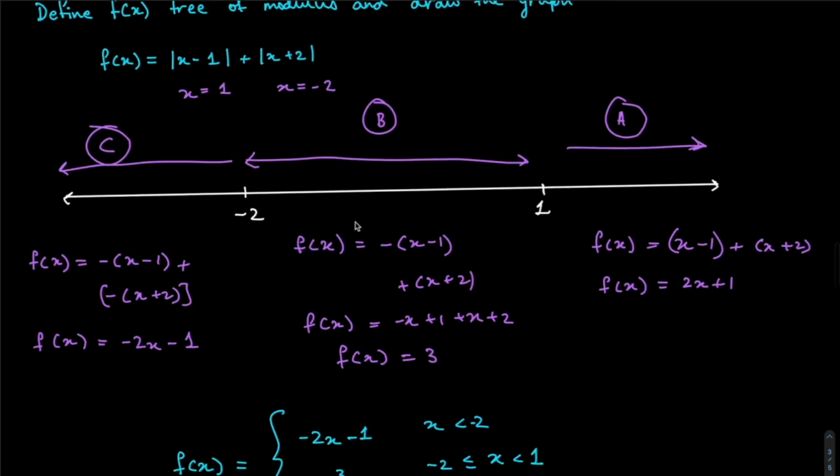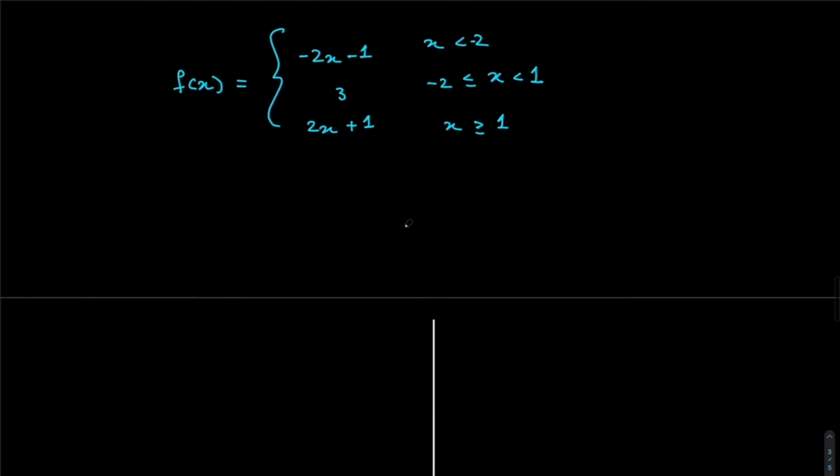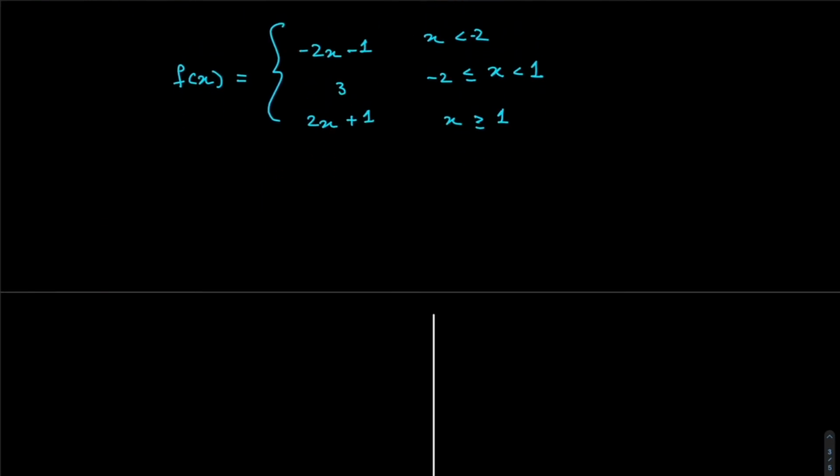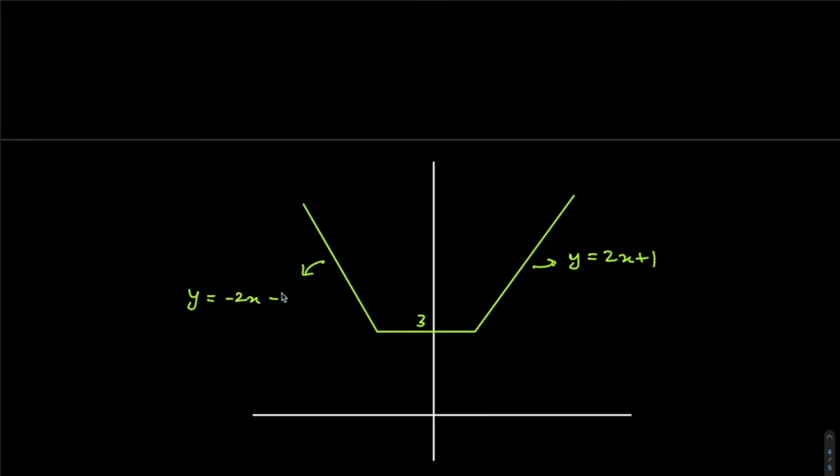Okay, so when I plot this function, from minus 2 to 1, it's just 3. It's a straight horizontal line at y is equal to 3. So maybe something like this, and this is 3. And then it's like this, and then it's like this. So this part of my function is y is equal to 2x plus 1, this part is y is equal to minus 2x minus 1, and this part is y is equal to 3.